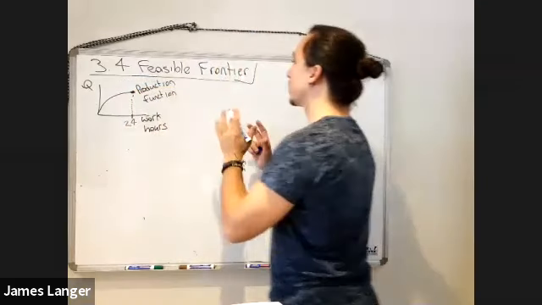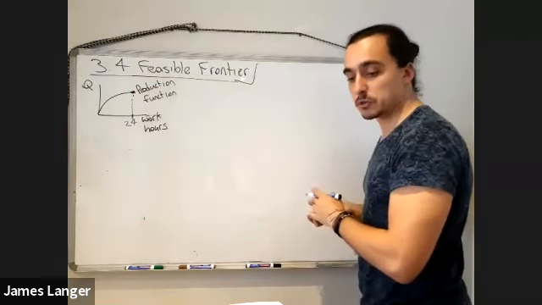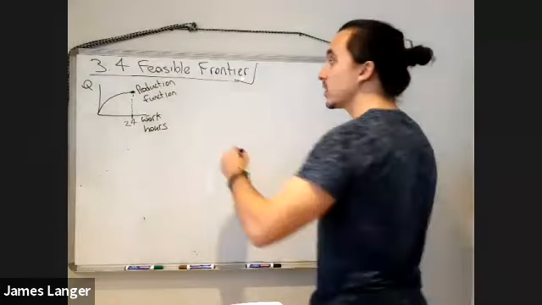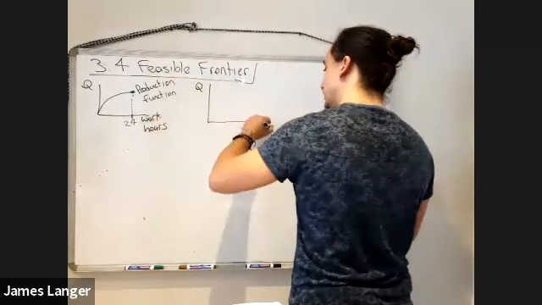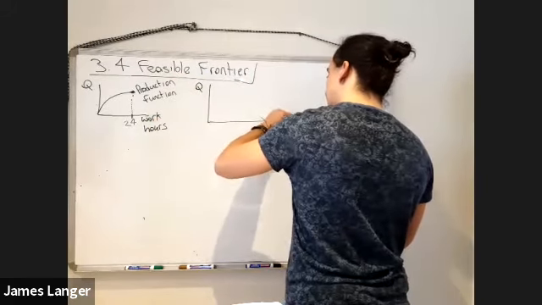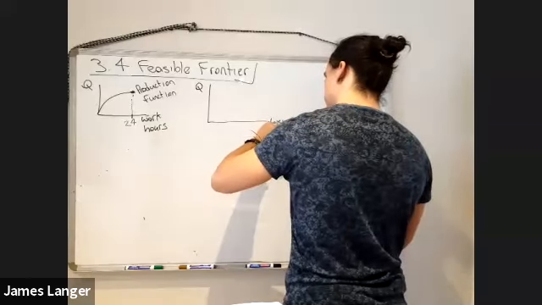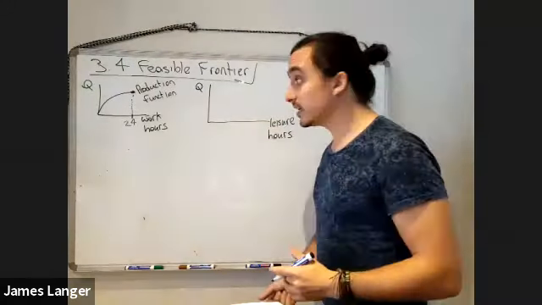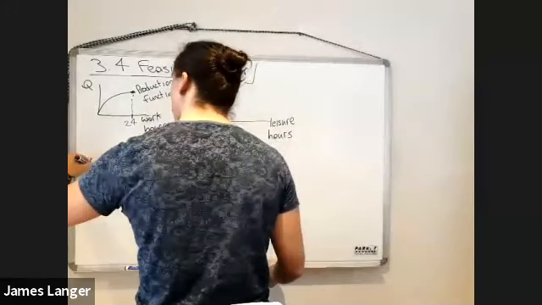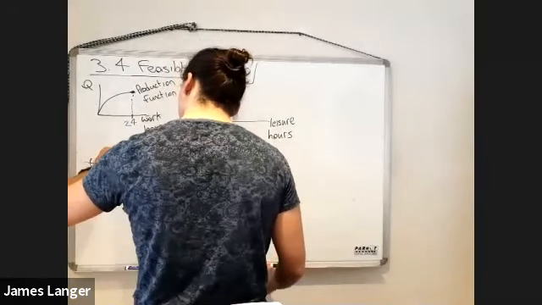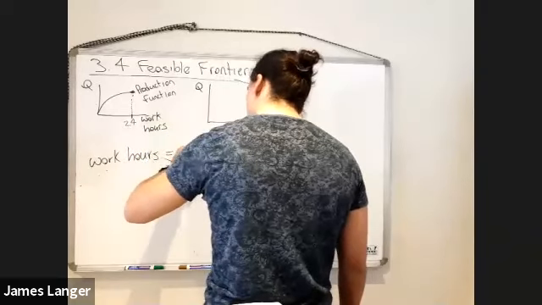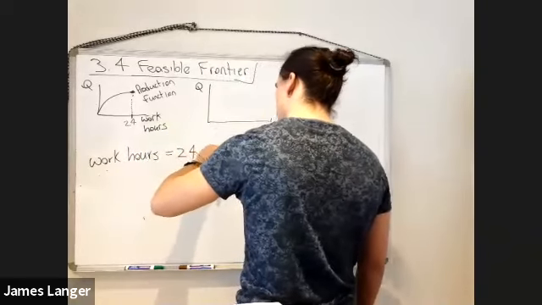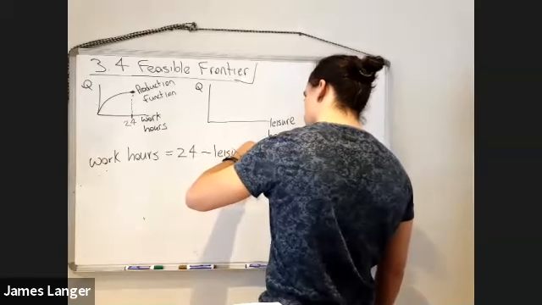Now, what we're going to do is turn this into a feasible frontier. We're going to put Q here, and we're going to put leisure hours here. What I want you to see is that work hours equal 24 minus leisure hours.